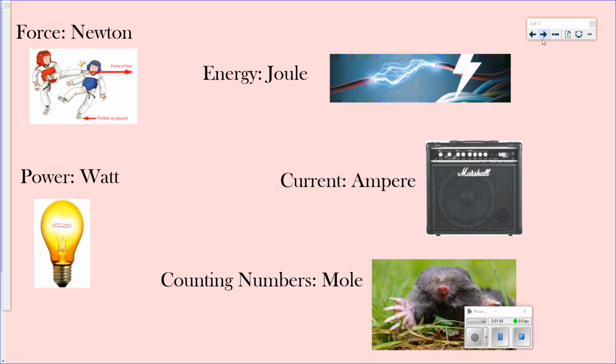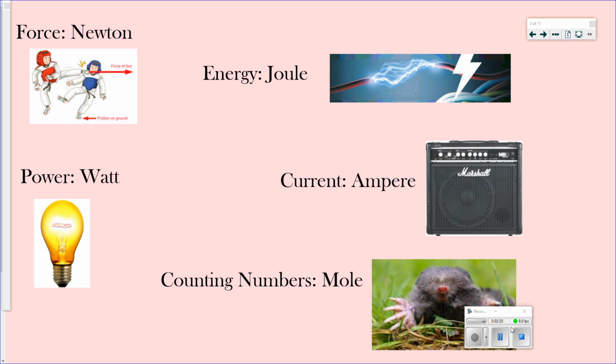Here are some derived units, and we'll talk about what we mean by derived units in a little bit, and what their SI units will be. Force, the amount of pressure in a given amount of space, is one way to describe force. Its SI unit is the Newton. Power is watts. Energy is joules. Current is the ampere or amps.